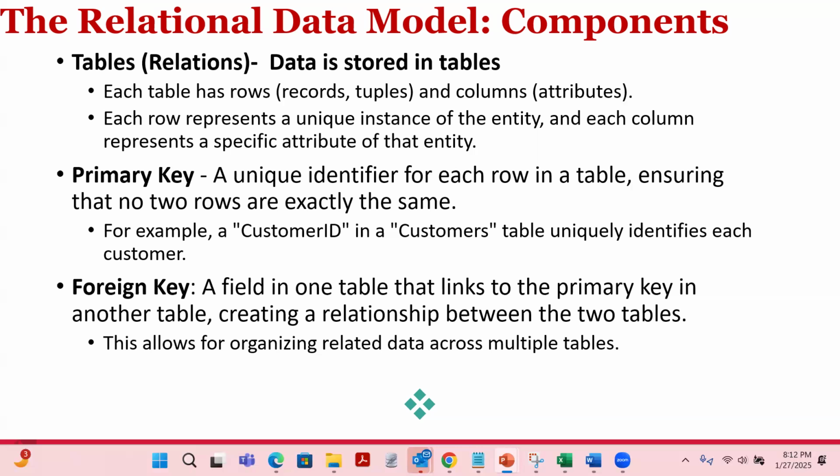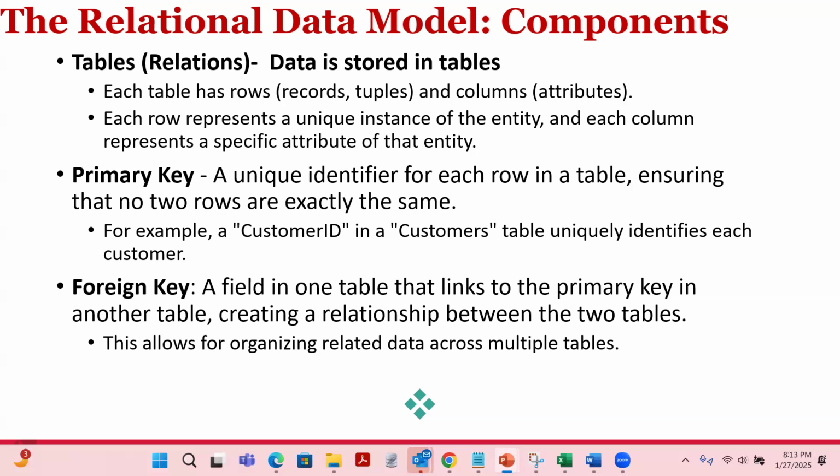No two rows in the table can have the same primary key. So it's a unique attribute that uniquely identifies a specific row. For example, it can be customer ID in a customer table that uniquely identifies a customer, right? So there are no two customers that can have the same customer ID.